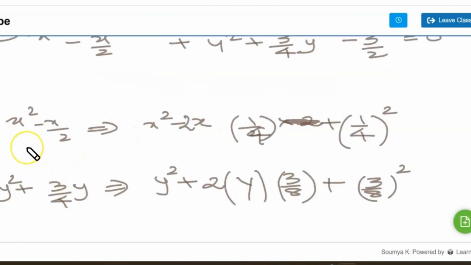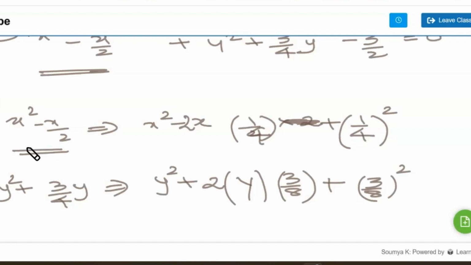Now we have the first two terms as x square minus x by 2. To make it a complete formula, we have to add some numbers that might have gone from here due to the subtraction and all. We have seen in the previous example it was 25 and it was getting subtracted by 25, so it becomes 0. So we have to bring back those numbers without affecting the equation.